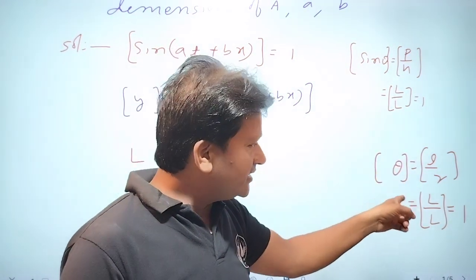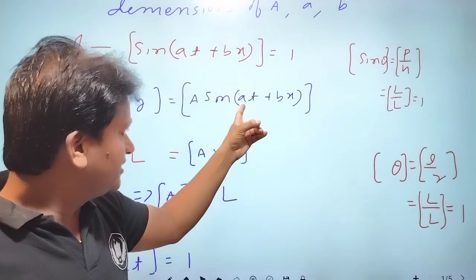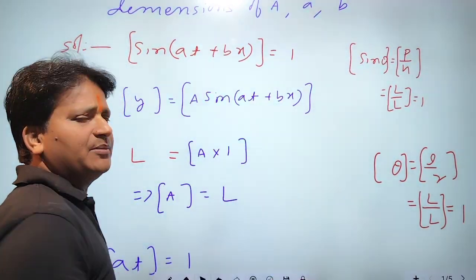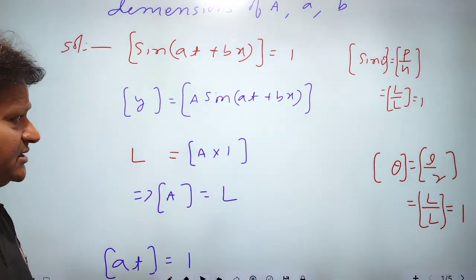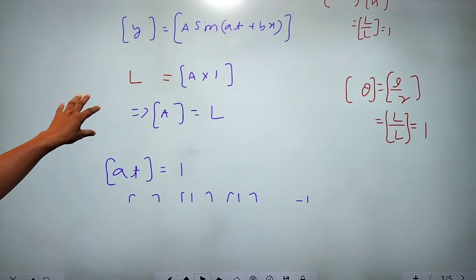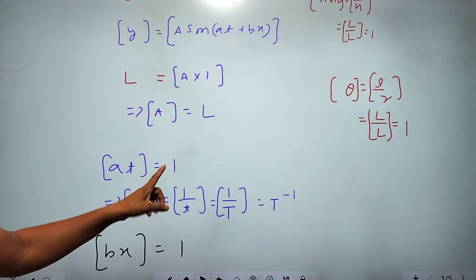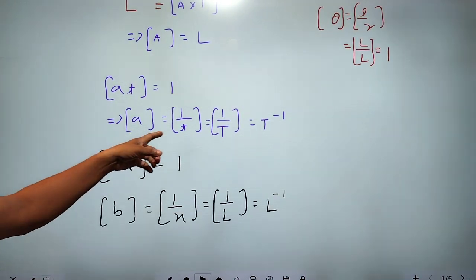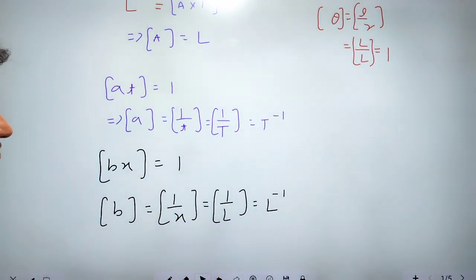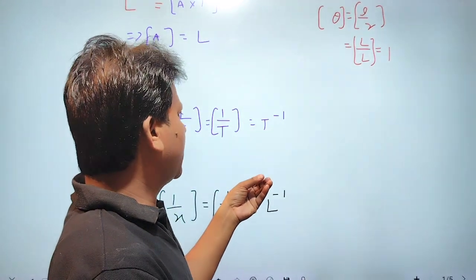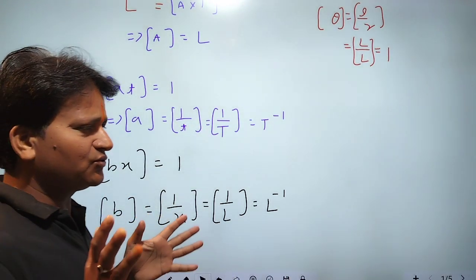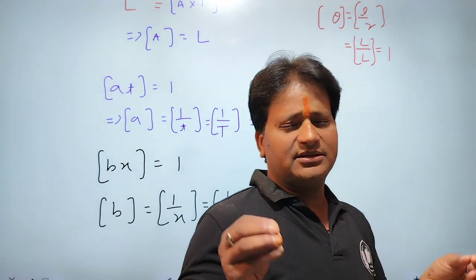Okay, angle is dimensionless. Therefore, this will be dimensionless. Therefore at will be dimensionless, bx will be dimensionless. Dimensionless means dimension of this quantity will be equal to unity. Therefore, dimension of a will be 1 upon T, means T inverse, T to the power minus 1. This represents which quantity? This represents frequency.